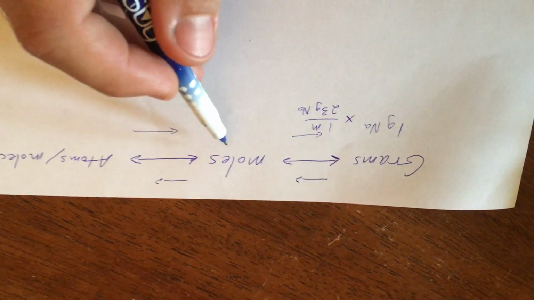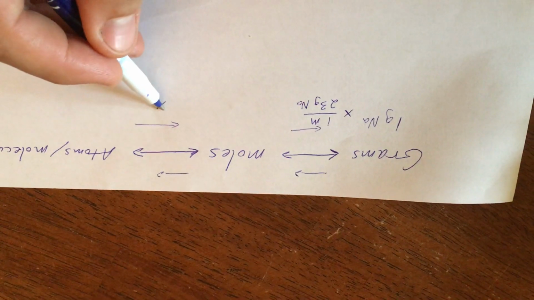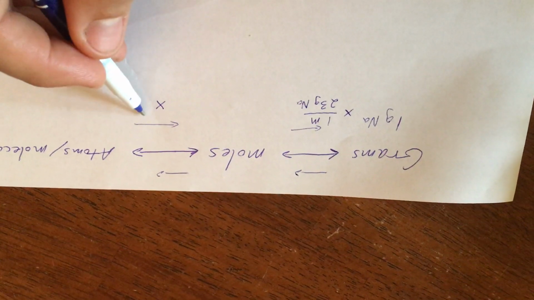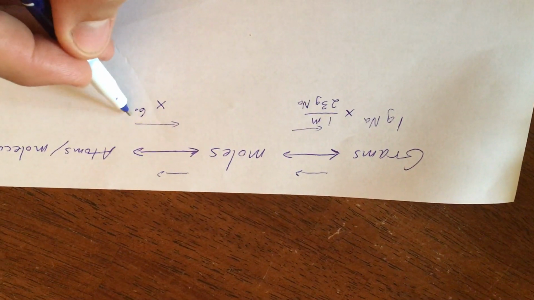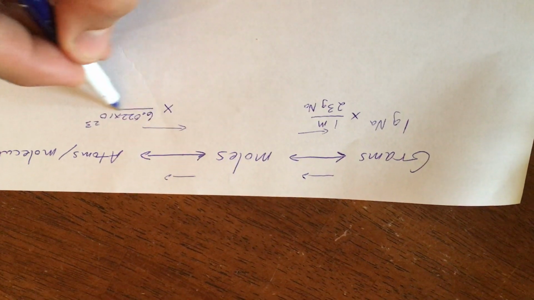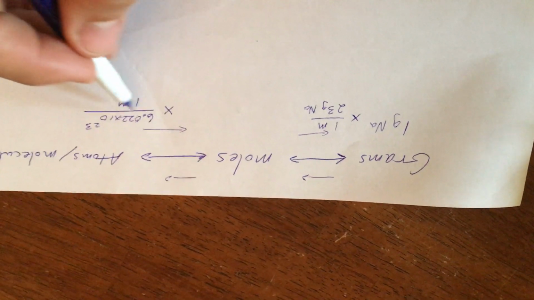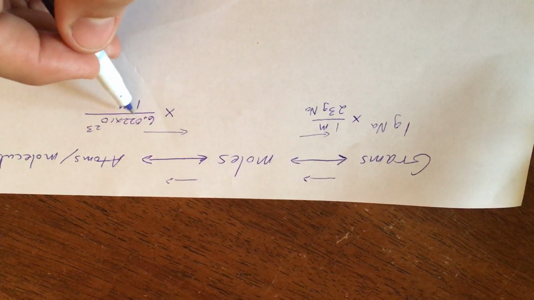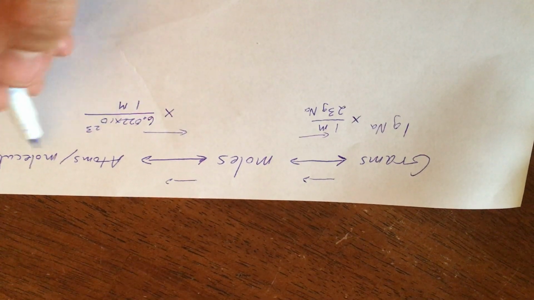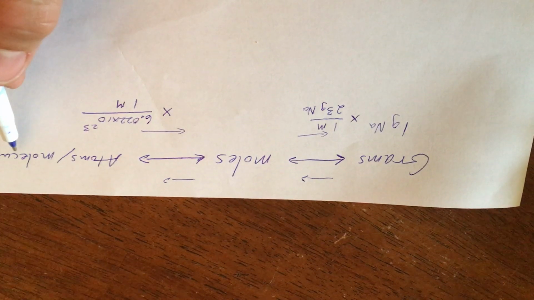If I wanted to go from moles to atoms or molecules, this is where you would basically multiply by Avogadro's number, 6.022 times 10 to the 23rd per 1 mole. So 1 mole of anything is always exactly this many atoms or molecules, depending on whether you're dealing with an element or a compound.